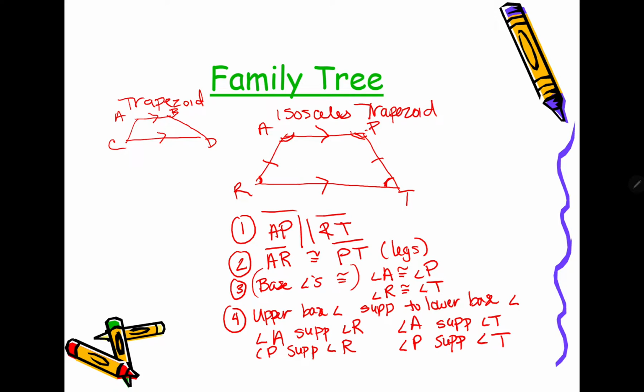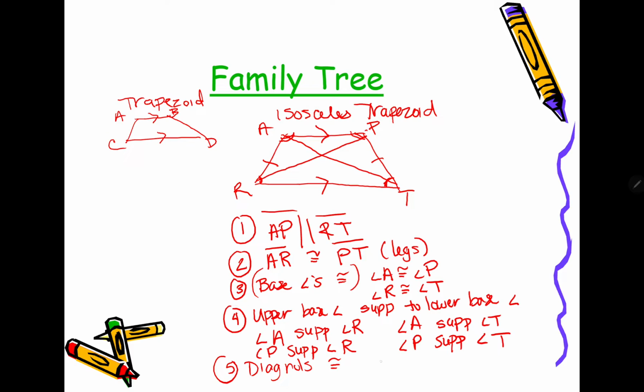Okay. We also know that diagonals are congruent. So this is property number 5: diagonals congruent.